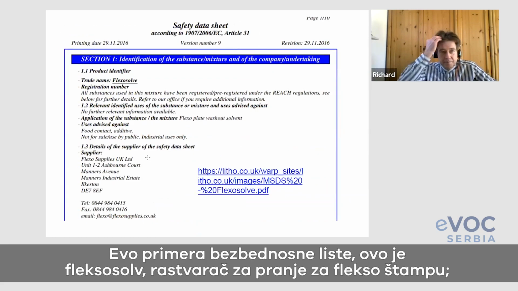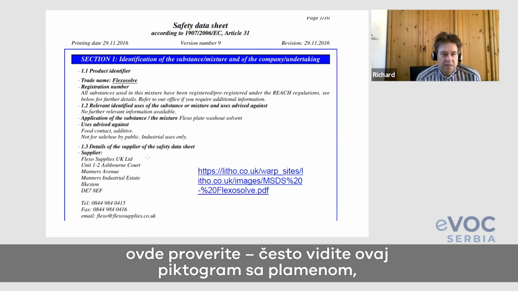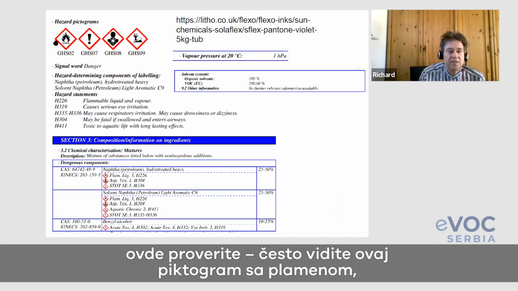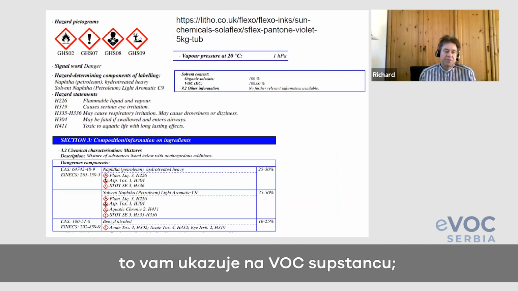Here's an example from a data sheet. For example, here FlexoSolve, that is for flexo printing, for washing. You check now, and you see very often this flame label gives you an indicator that you have a VOC material.